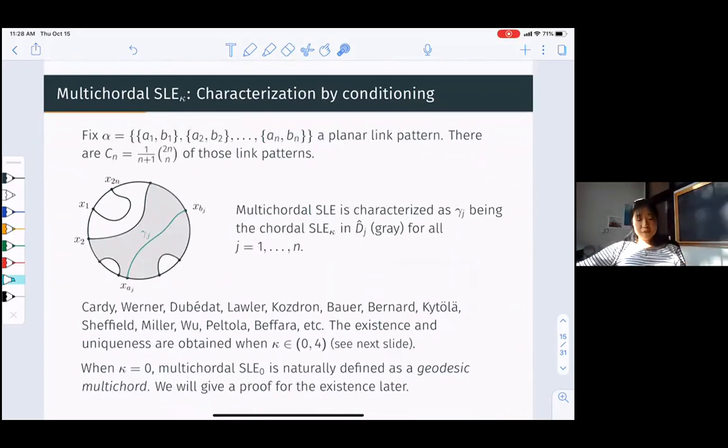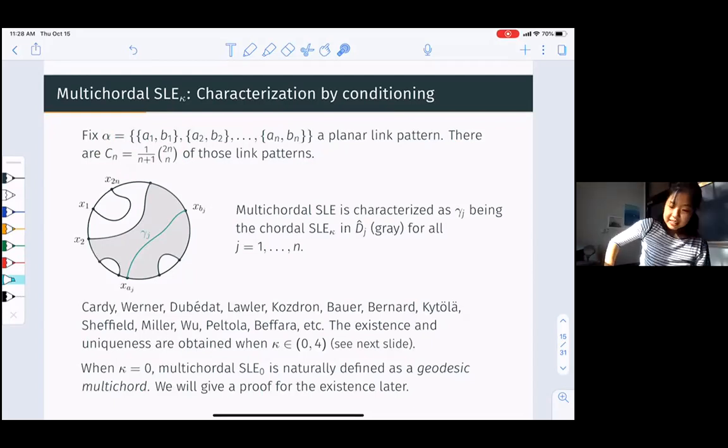From consideration of the statistical mechanics model, it is natural to define multichordal SLE in the following way. We fix alpha as a planar link pattern. It means that it pairs up your 2N boundary points in a way that the chords do not cross each other. We can count how many there are: there is a Catalan number of those link patterns.